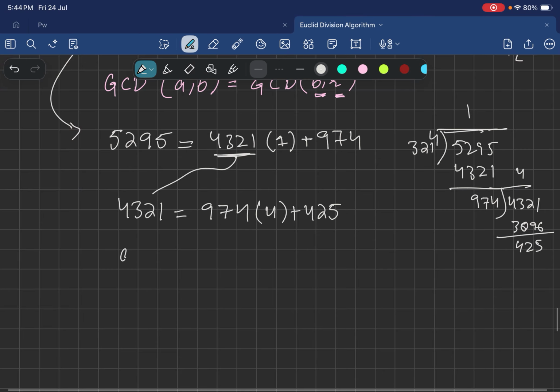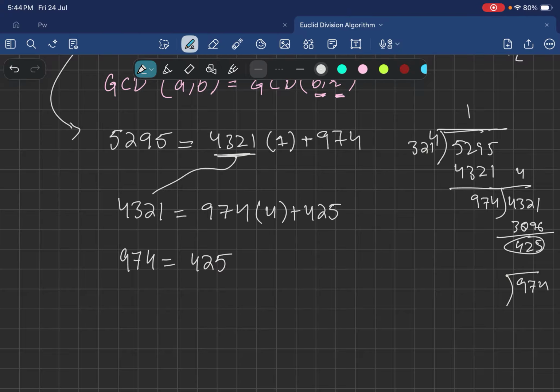Then you bring 974 down, and our new divisor becomes the remainder 425. Then you multiply it by 2, 425 into 2 is 850, and you get a remainder of 124.